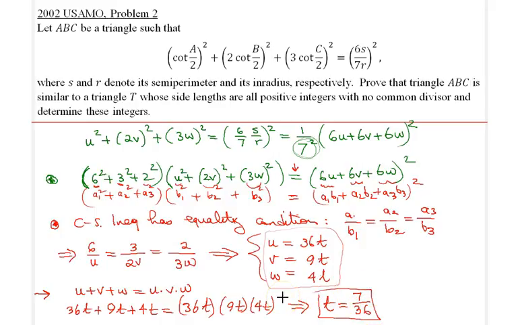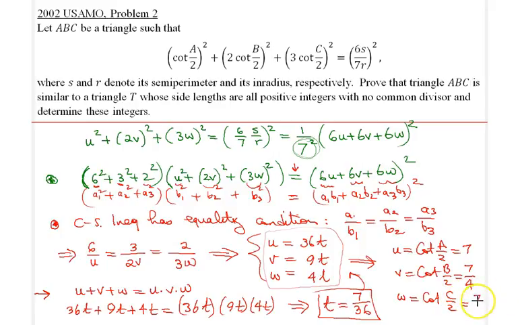Now we can plug this back in to find that u, or cotangent A over 2, is simply equal to 7 over 36 times 36, that would be just 7. V is cotangent B over 2, which turns out to be 7 over 4, and w is equal to cotangent C over 2, which is, once you plug it in, 7 over 9.